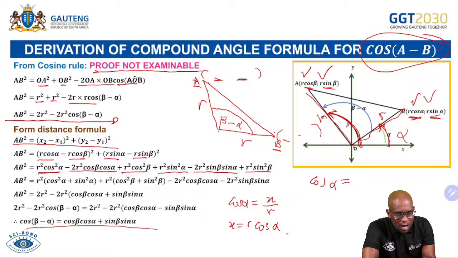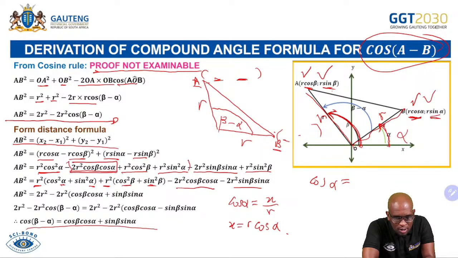Now you can simplify. On the first one we took out r squared as a common factor. For those that have angle alpha, we took r squared as a common factor, and we are left with cos squared alpha plus sin squared alpha. For those that contain beta, we take r squared as a common factor as well, and we get cos squared beta plus sin squared beta, and then the remaining part here.